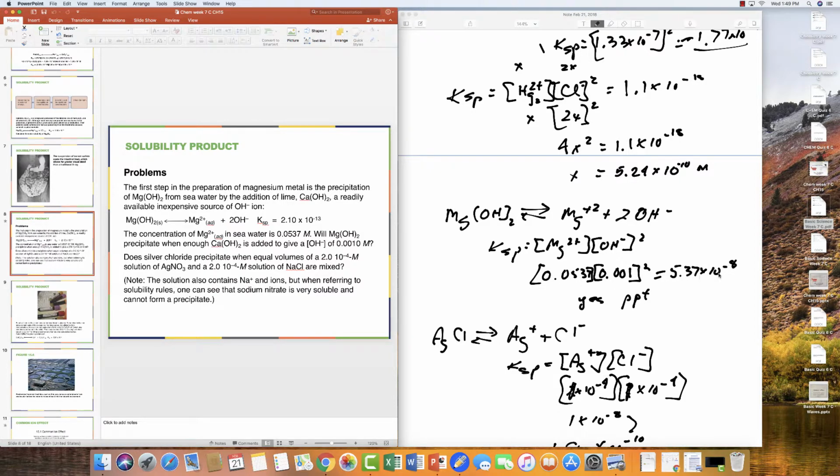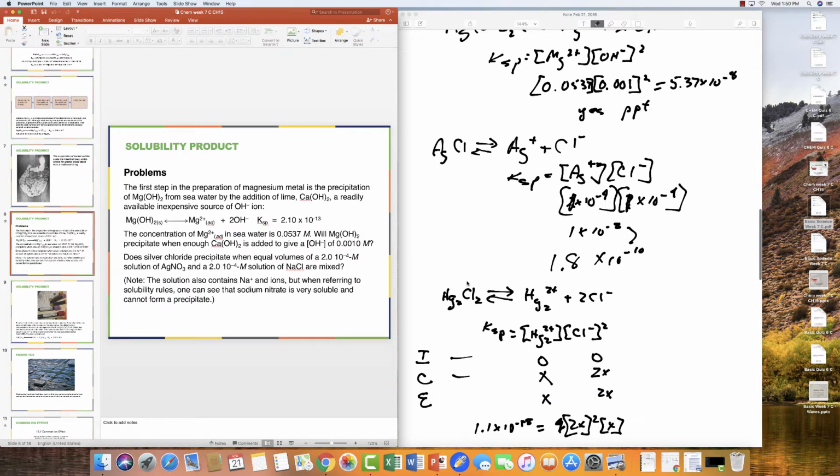You put the numbers in and you get 5.37 times 10 to the minus 8, which is significantly greater, 100,000 times greater than 2.1 times 10 to the minus 13. Therefore, yes, it will precipitate.